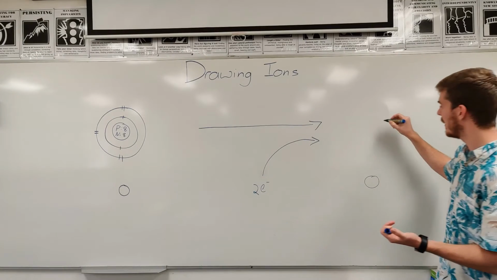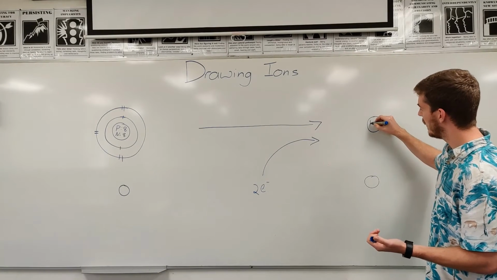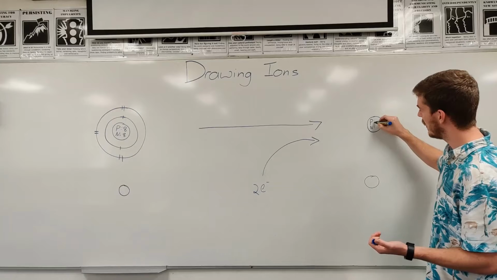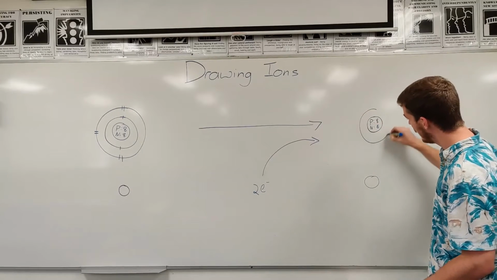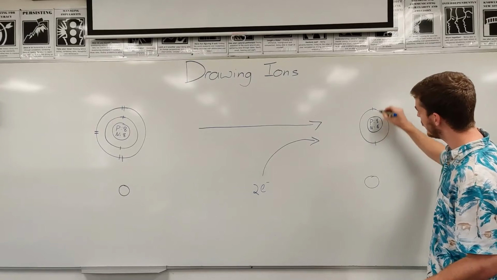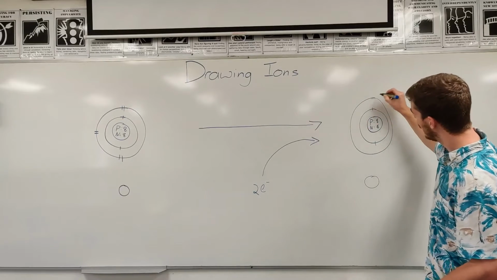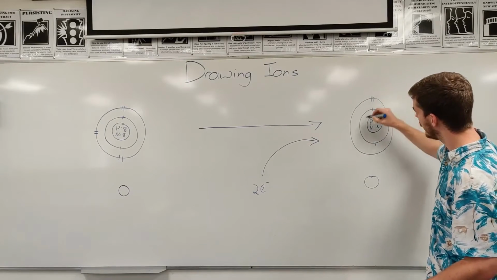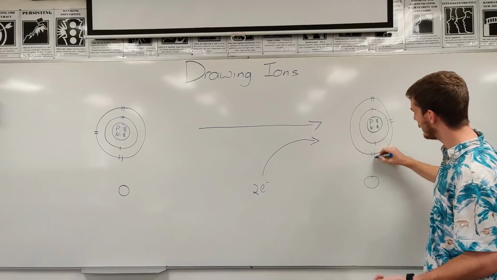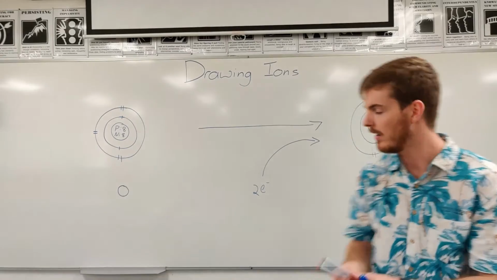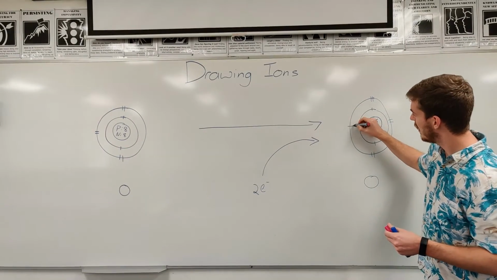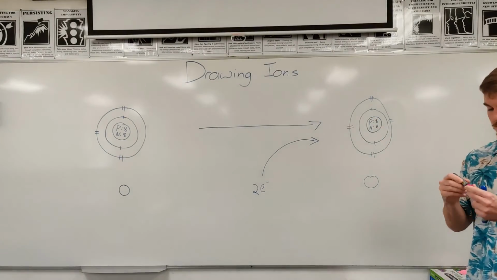So again, the nucleus, P, N, 8 and 8. 1, 2. 1, 2, 3, 4, 5, 6. But instead this time we have 2 extra electrons.